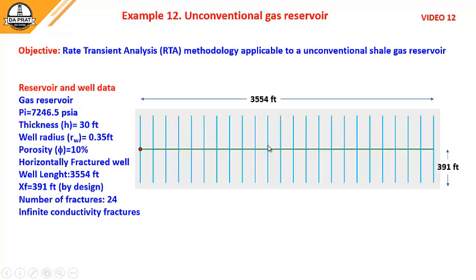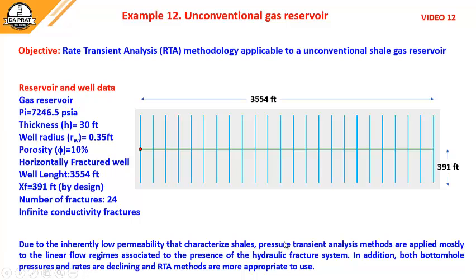configuration with fractures, normally for, in these cases, quite low permeability. We need to get production. The only way is to fracture the well with multiple fractures. And that's because of the low permeability that characterizes the shales.